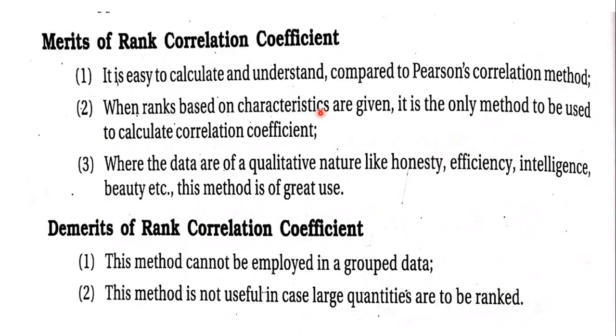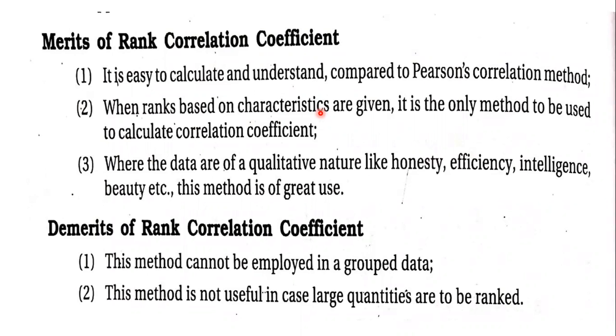These are qualitative in nature, not quantified. You cannot quantify beauty. Since it is in qualitative form, where you cannot explain it too much, the rank correlation method is the best.